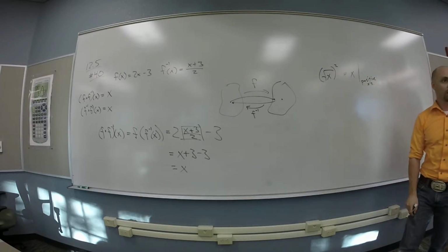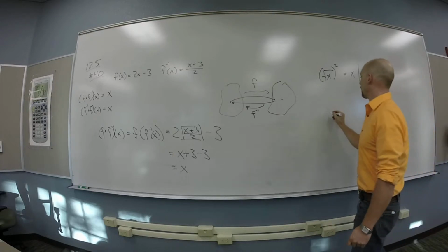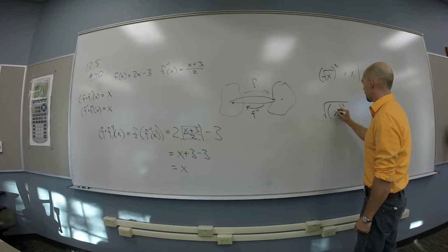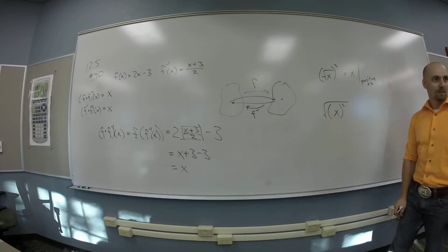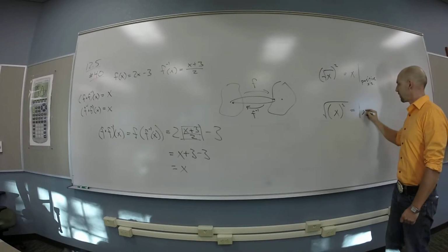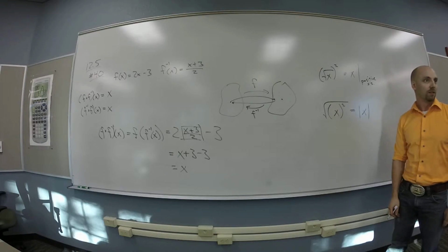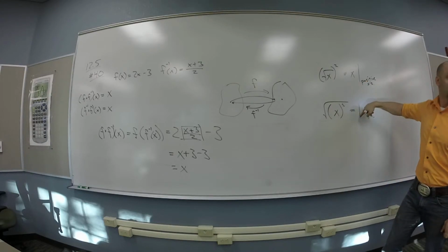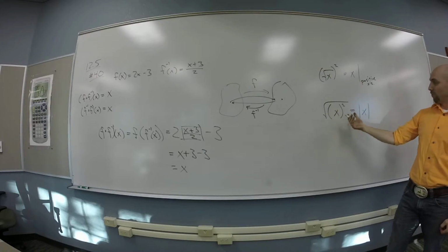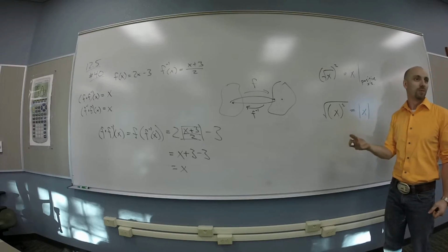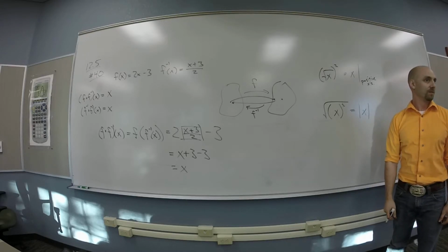If I did it the other way, when I take the square root of x squared, what do I get there? Absolute value of x. You guys see that? Neither of these is x, because this is not a rule and it's undoing. It's a rule and it's almost undoing. You guys see that?